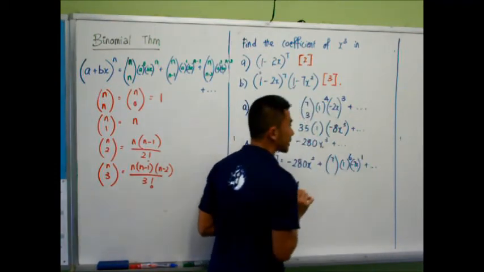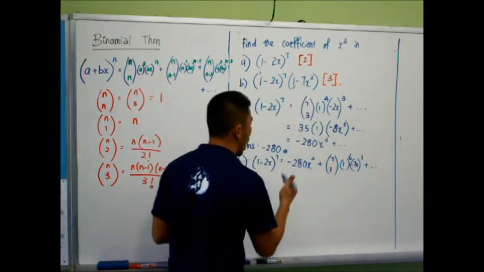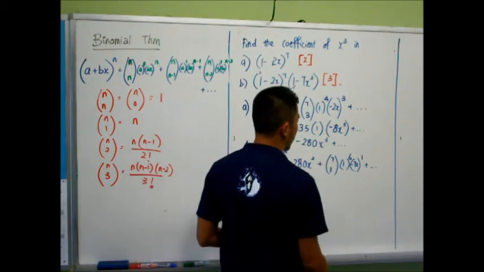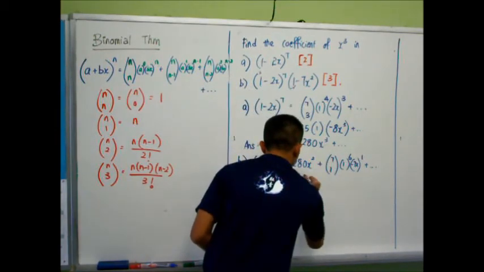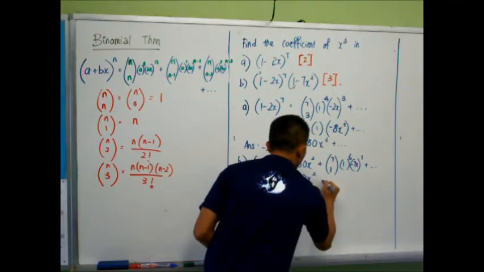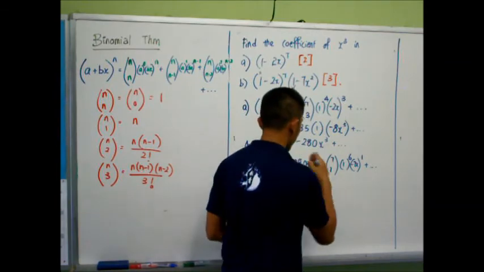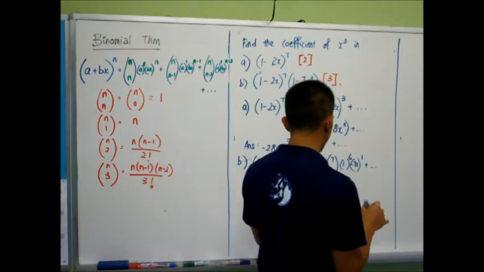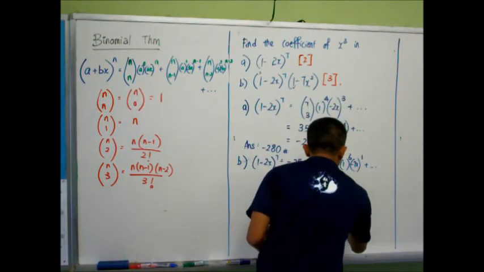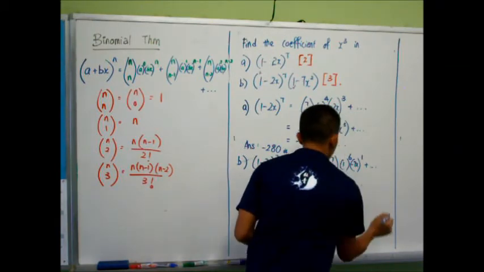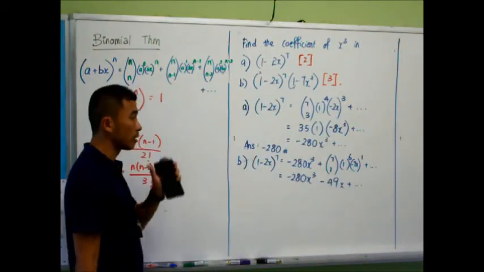What is left here? This is the power 6. This is still 1. Do our simple calculation over here. 7 choose 1 is 7. 7 times negative 7, negative 49. Then we are ready to begin.